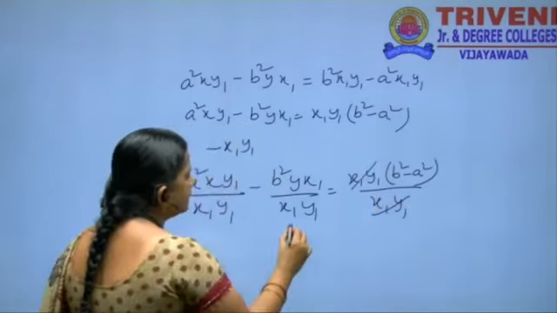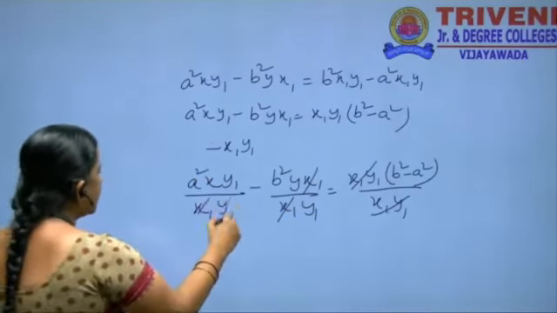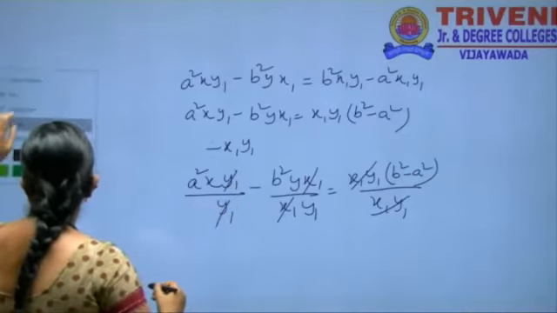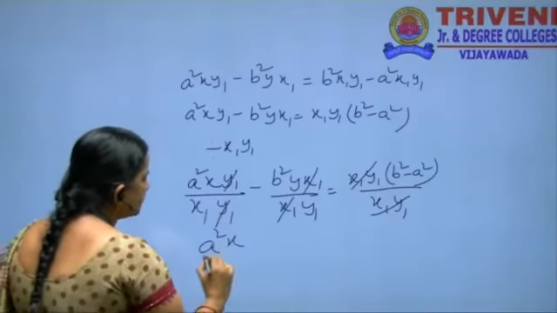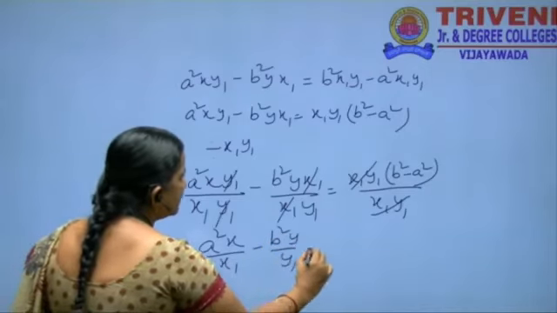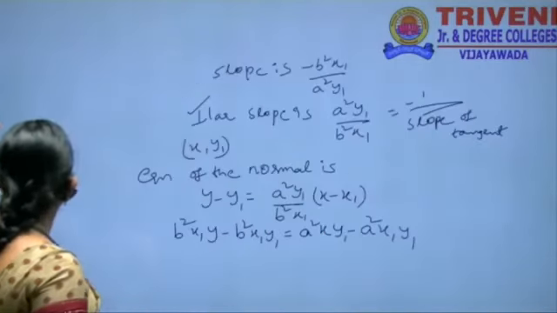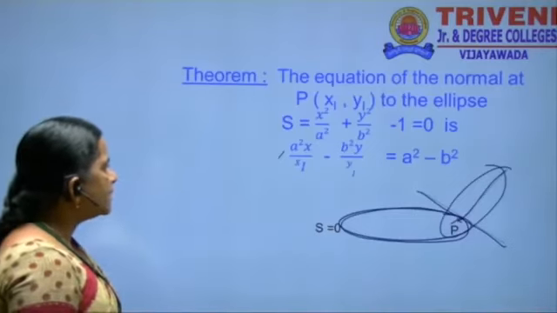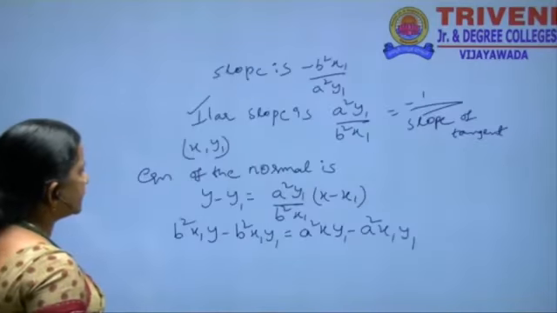Here x1 y1 gets cancelled, x1 gets cancelled here, and y1 gets cancelled here. Then at last we get a square x by x1 minus b square y by y1 is equal to a square minus b square.